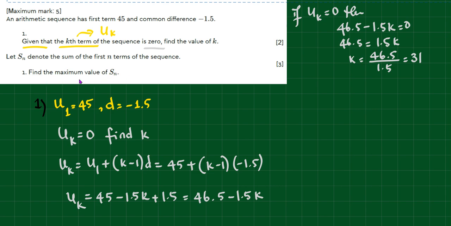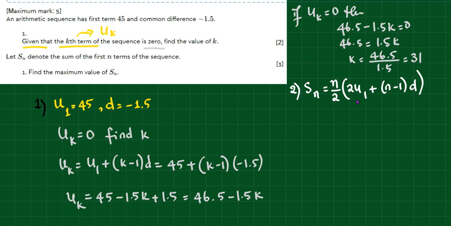I think we can use Sn equal to n over 2 times (2u1 plus (n minus 1) times d).